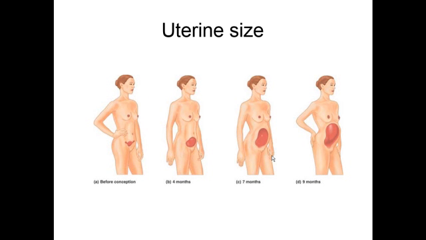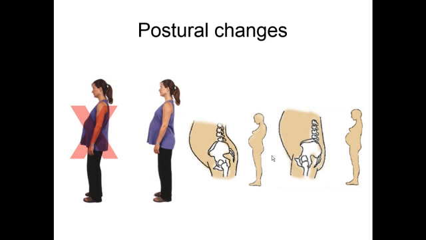So we know that when muscles are elongated past their resting length, they aren't as strong as they could be because the actin and myosin aren't overlapping quite as much. So we'll want to work with the woman on core strengthening to keep those abdominal muscles engaged and to help promote proper posture, because that's kind of our next thing, is with the stretching of the abdominal muscles if they're weak, and the increased weight anteriorly.